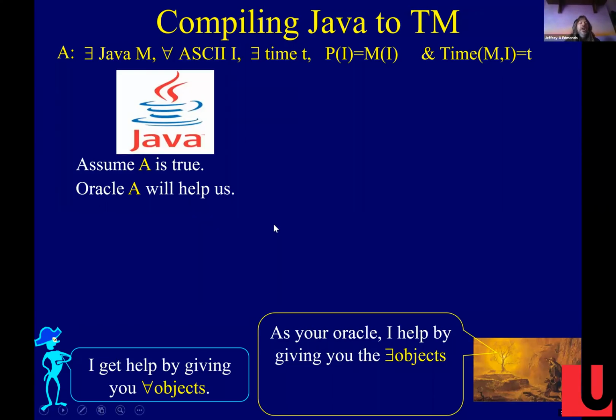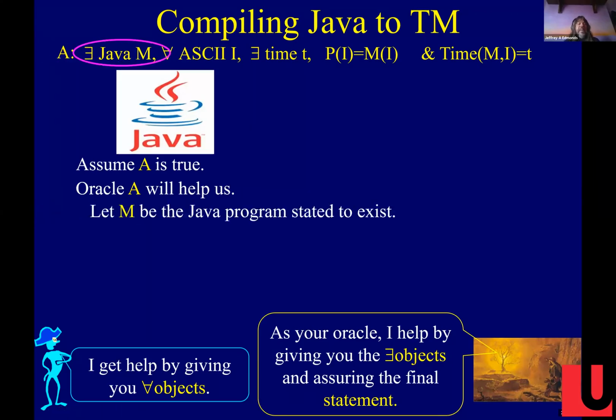All right, so here, if the oracle is assuring us A, then the oracle starts by, what's our statement again, right? The statement is saying problem P is computable by a Java program, right? That's what the oracle is assuring us.